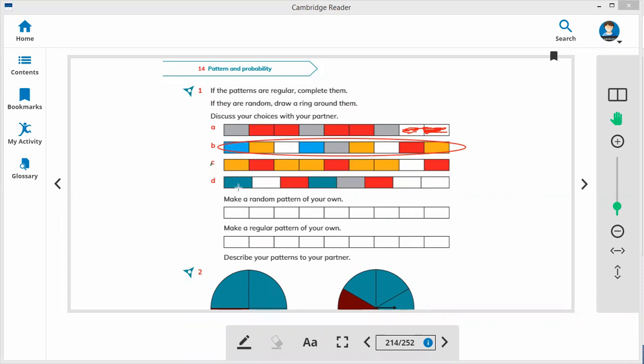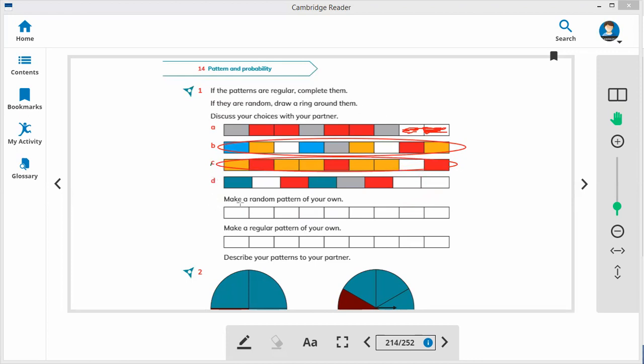So what we are going to do, yellow, red, because if there were two yellows then red, then we could color in this and make a regular pattern, but it is not, so it is a random pattern. So circle B and C.